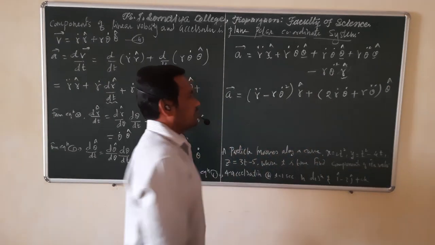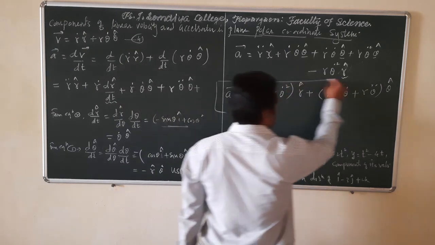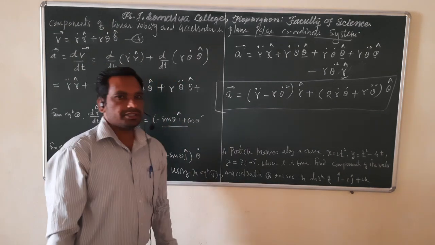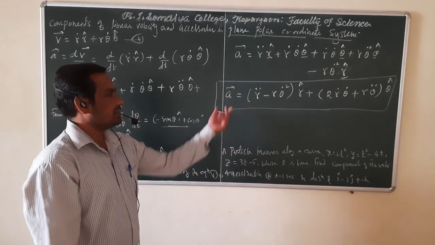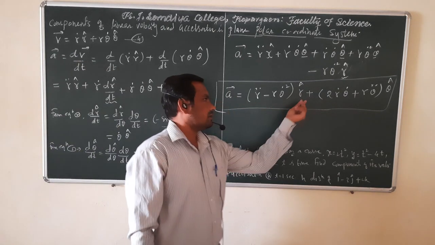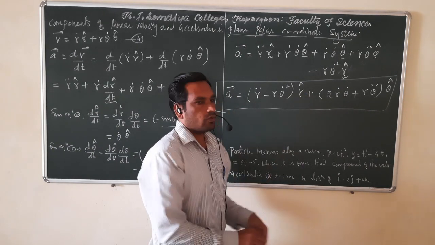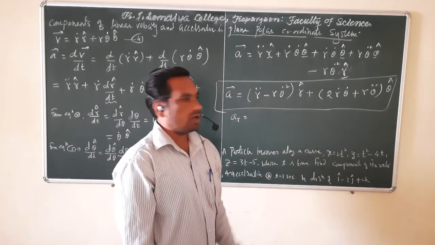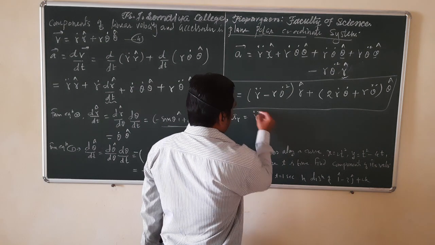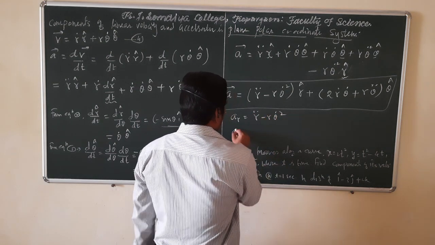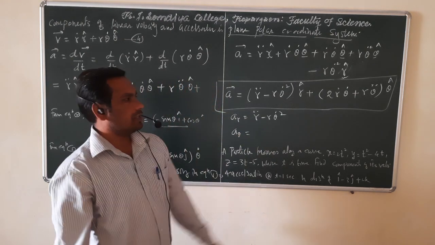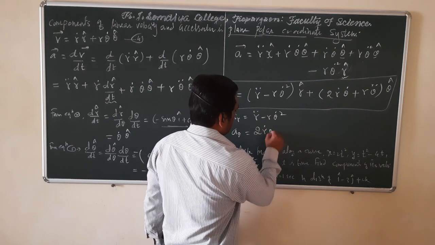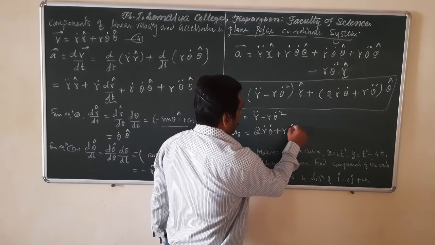So this is the acceleration in the polar coordinate system, where the acceleration has components. The coefficient of r cap is the radial component, which we call a r. So this is the radial component of acceleration, which is r double dot minus r theta dot square, and the angular component a theta is the coefficient of theta cap, which is 2 times r dot theta dot plus r theta double dot.